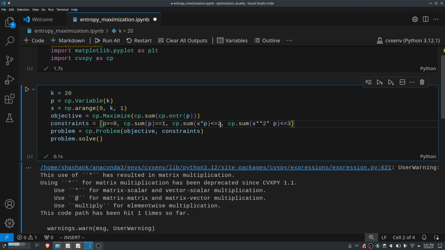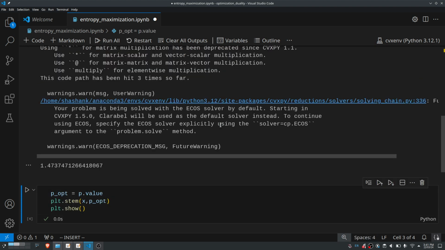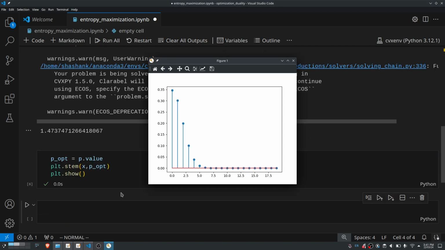I'm going to pose first and second moment constraints. Okay, in this case, the maximum entropy is lower. I've added a new constraint. It's 1.4, and let's plot this out. It looks something like this.